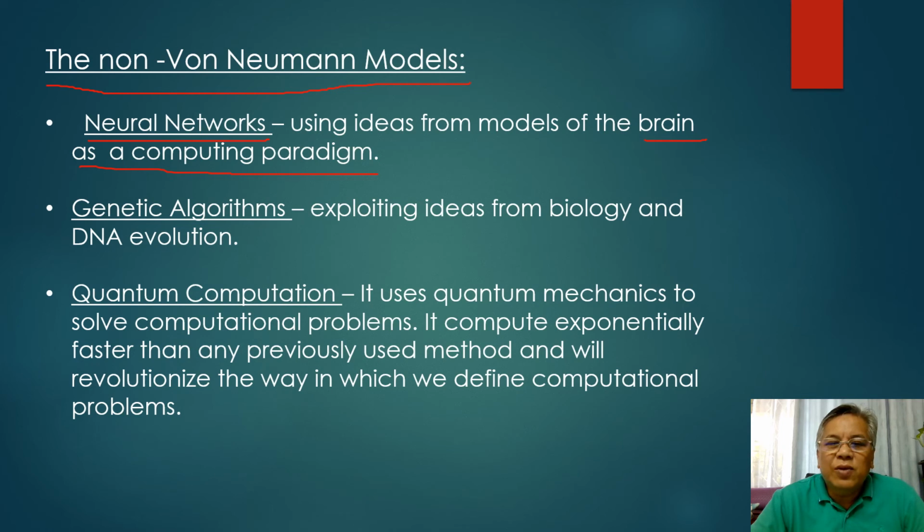It has not been fully developed yet, but there is already a study on this, and some of it is now being utilized in some applications, especially in computations based on the brain computing paradigm. Then you have the genetic algorithms, exploiting ideas from biology and DNA evolution.